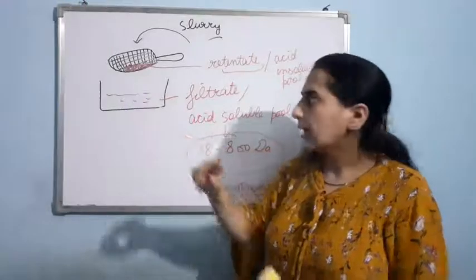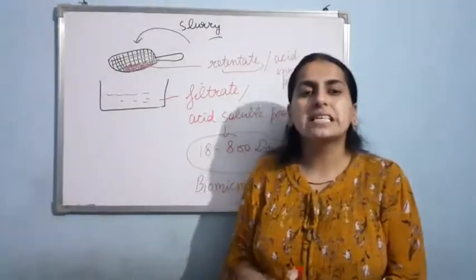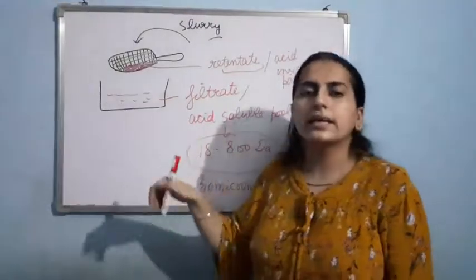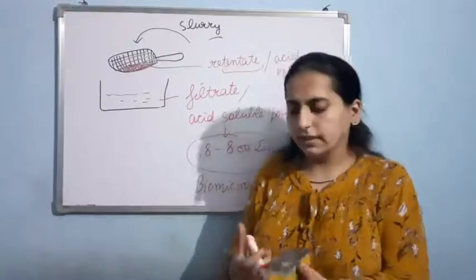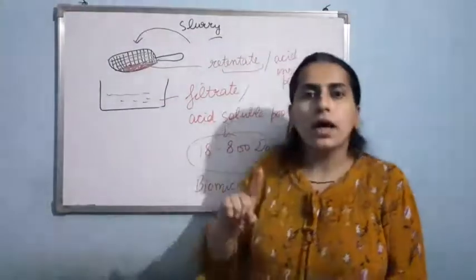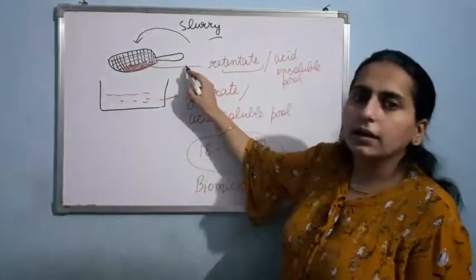And there are some biomolecules whose size is greater than 1000 Dalton, even greater than 10,000 Dalton. They are known as biomacromolecules, and they will be there in the retentate.